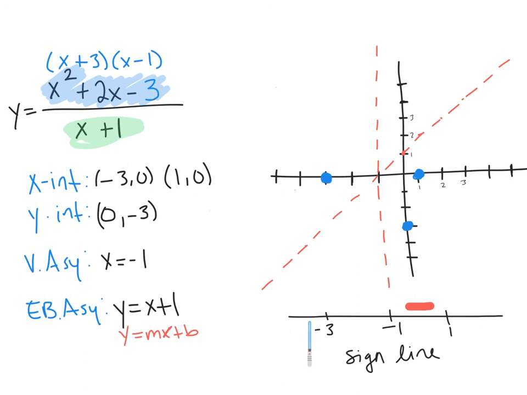So let's say -5. Let's plug in -5. So going back here, I'm actually going to use my factored form because that makes it a little bit easier for me to think about this. So -5 plus 3, that's going to be a negative. -5 minus 1. So on top I have a negative times a negative if I plug in a -5. So on top, that is going to be a positive, right? Negative times negative, that's a positive.